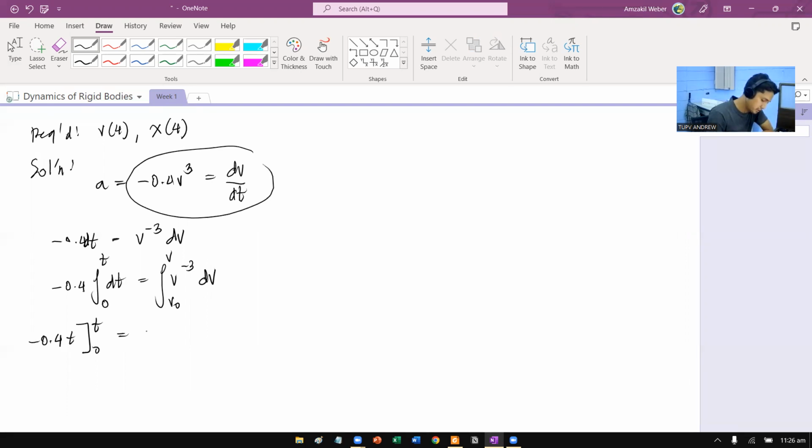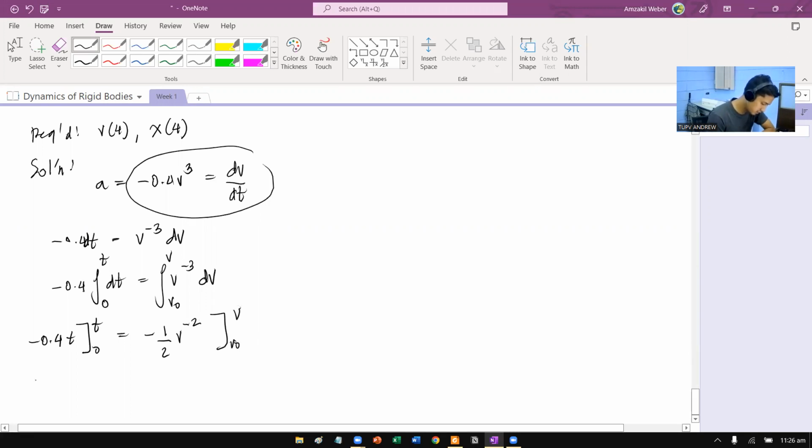The power rule applies here: the exponent is negative 3, add 1, so this will be negative 2, and the coefficient is negative 1/2.